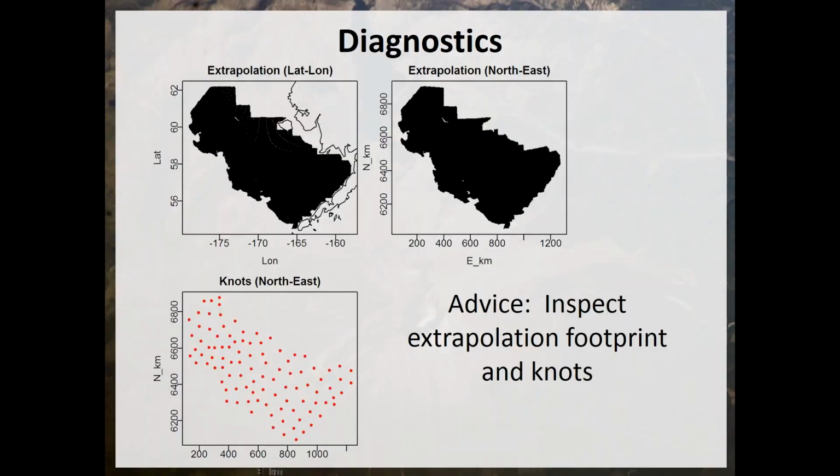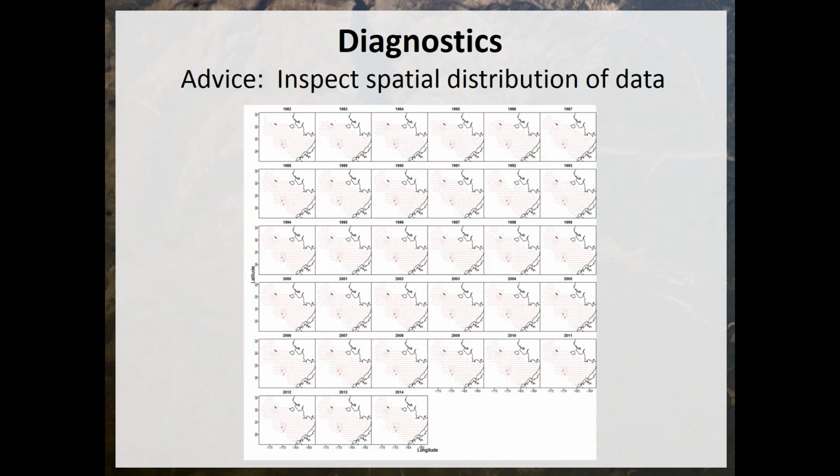In terms of diagnostics built into VAST, I have features to show people where they're extrapolating to in latitude and longitude and UTM and where the knots are located, just so people can make sure it makes sense. And the distribution of data.